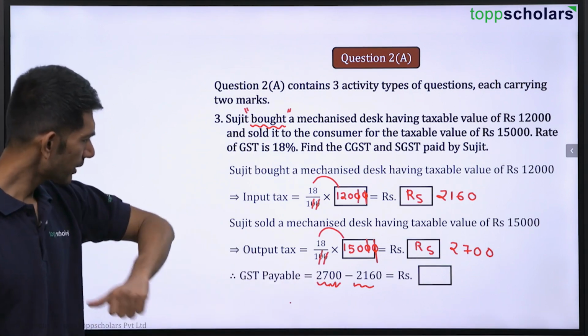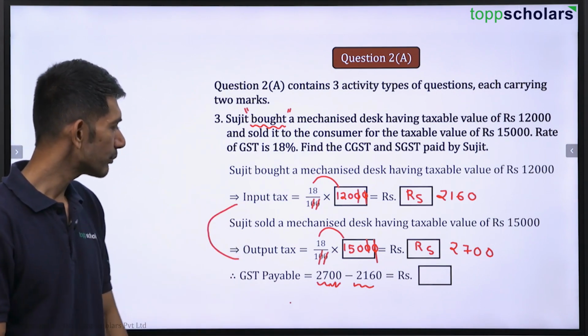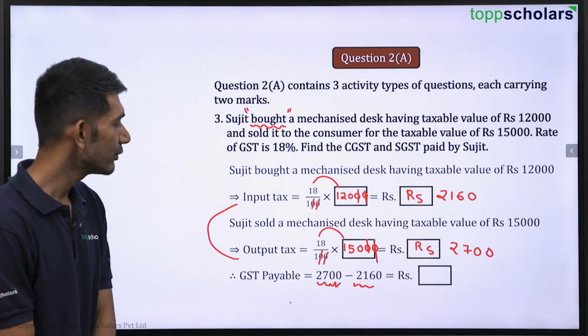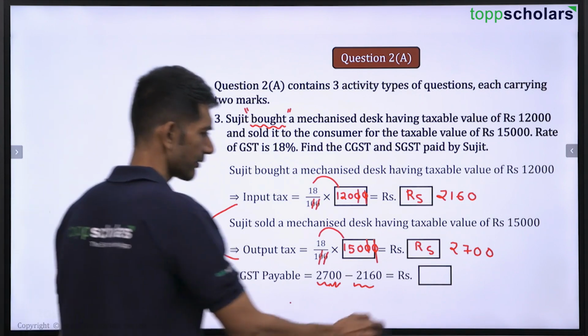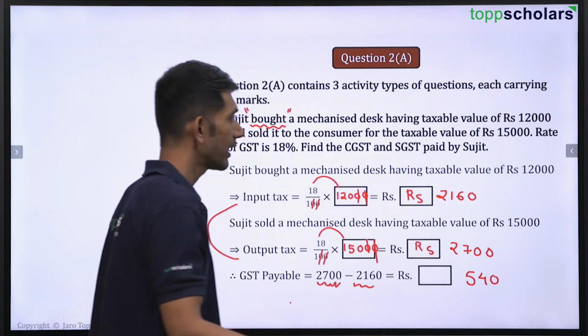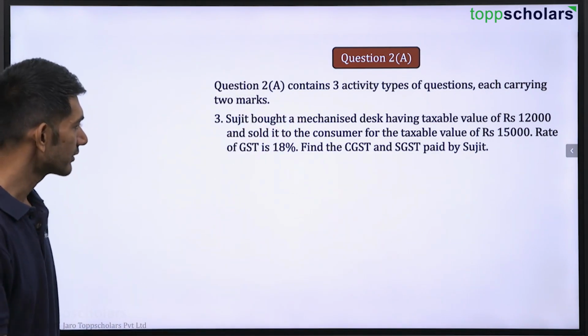Formula is not written, but remember GST payable is output tax minus input tax, 2,700 minus 2,160, and that gives you how much? 540. Yes, rupees 540. That's it, and I've got the answer. So you can see such an easy question for 2 marks.